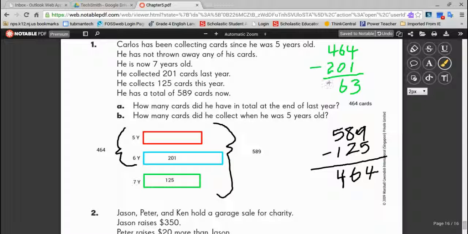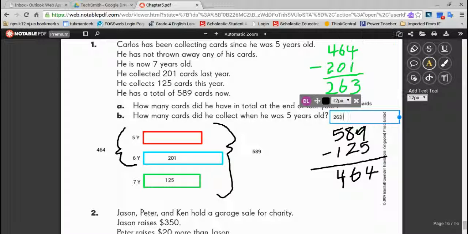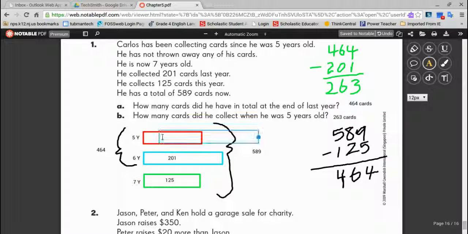And 4 minus 2 is 2. So here we go. How many cards did he collect when he was 5 years old? At 5 years old, he had 263 cards. And let's write that over here: 263 cards. So again, I like to put that right back into my bar model as well. So at 5 years old, he had 263 cards.